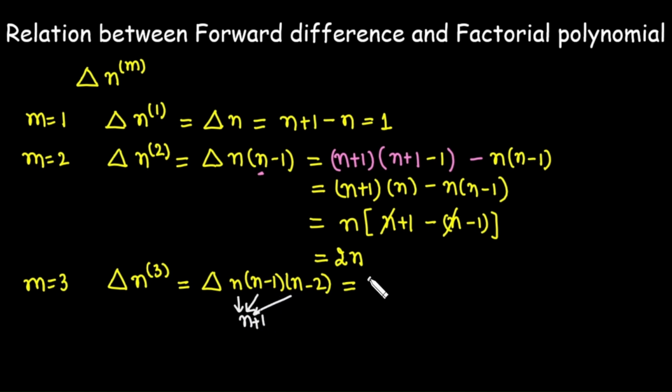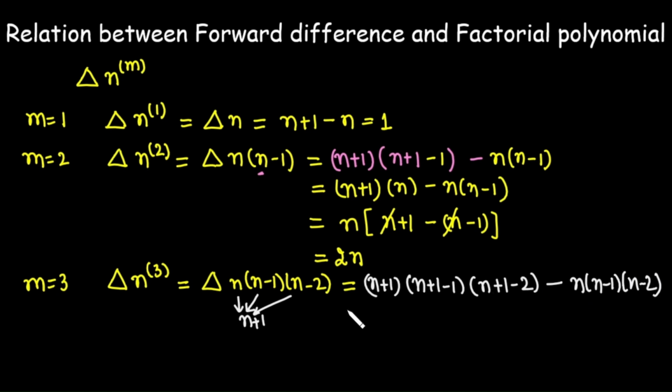So we have n plus 1 into n plus 1 minus 1 into n plus 1 minus 2. This is the meaning of the next step, minus current position is n into n minus 1, n minus 2. Simplify this. This is n plus 1 into n into n minus 1 minus n into n minus 1 into n minus 2.